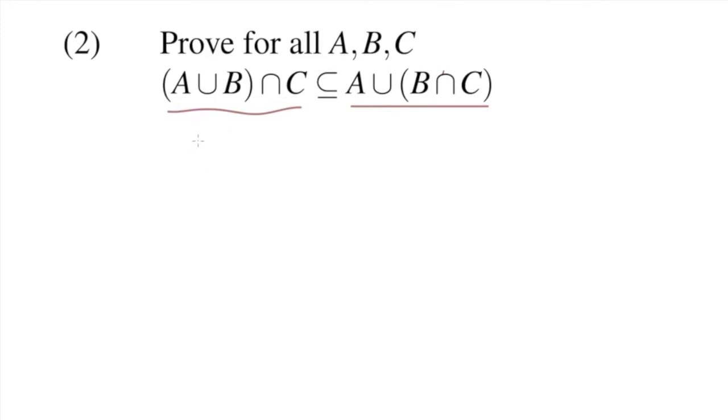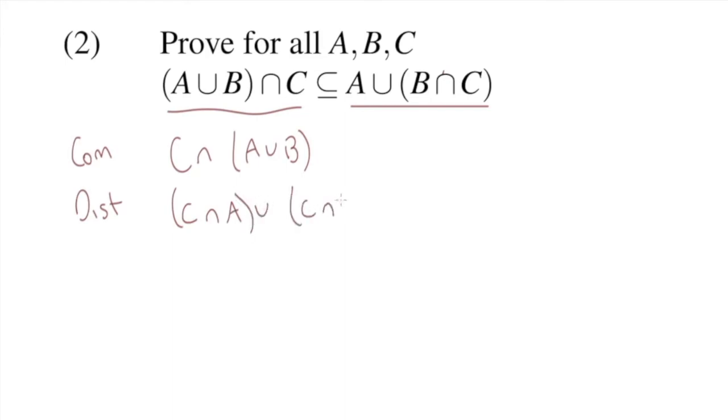Okay, so I don't actually know what the answer is yet, so let's just play around and see what happens. Let's start with the commutative rule to put the C on the other side. So C intersect A union B. Now we'll do distributive, so we'll put C in the scope of the union. So C intersect A union C intersect B. Now we've already got something that looks like this on the right here.